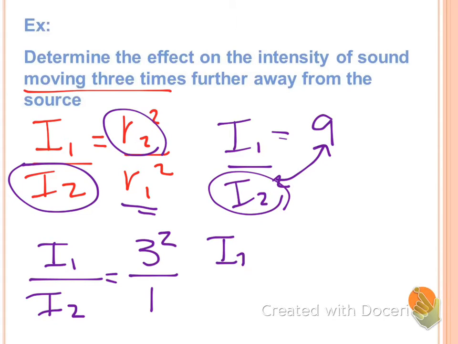So I would say I2 equals I1 over 9. So what fraction of the sound are we going to hear if we're 3 times away from the source? We're going to hear 1/9 of what we would if we were at the source. It's because of that square value. That's it.